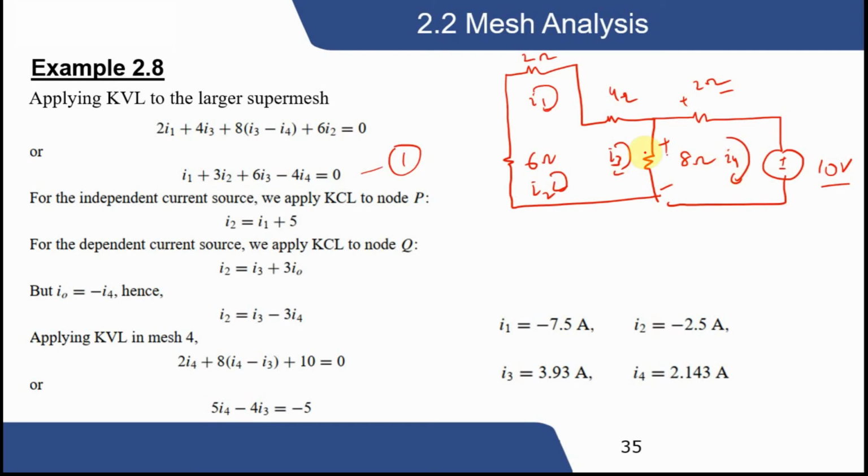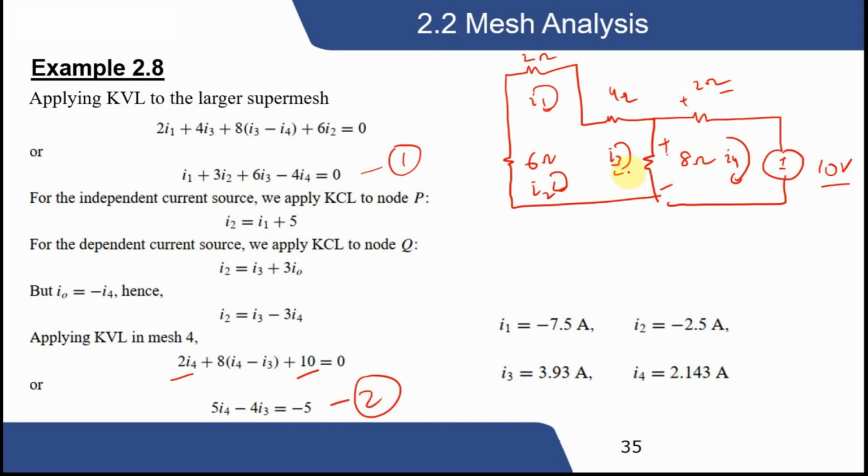The voltage across this becomes (I4 minus I3) into 8, and this one is I4 into 2. So this one is 10, plus 8 (I4 minus I3), plus 2 into I4, equal to 0. We solve the equation, and it gives I3 and I4. So this is equation 2.